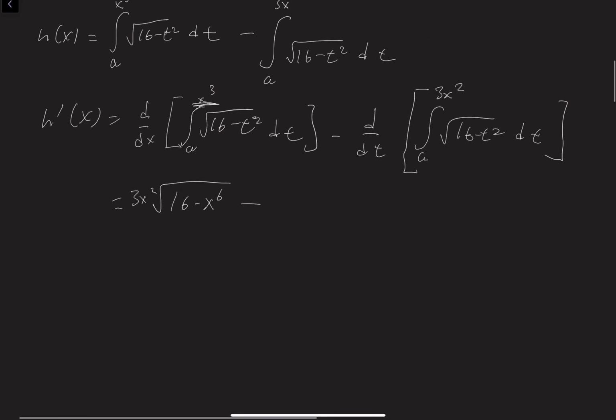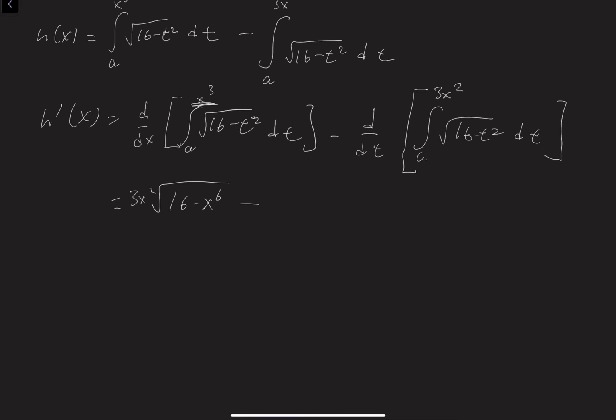We have to multiply by the derivative of x cubed, which is 3x squared. Minus, let's substitute 3x squared in. So that's square root of 16 minus 9x to the 4th power, multiplied by the derivative of the upper limit 3x squared, which is 6x. And that's h prime of x.